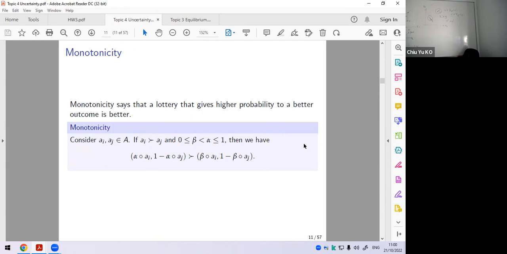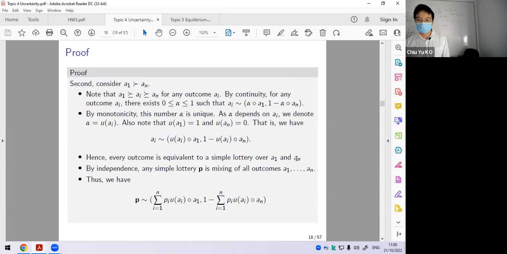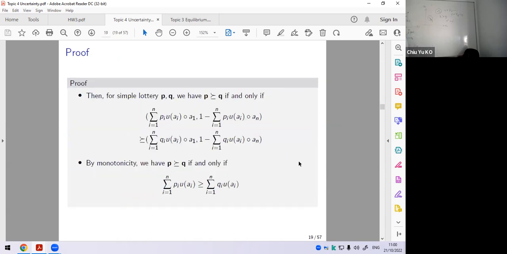Is that clear? It must be the case because you're comparing the best and the worst. This is better than this if the probability of this is bigger than this probability. So this is what is written here.